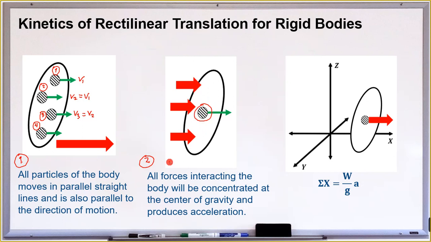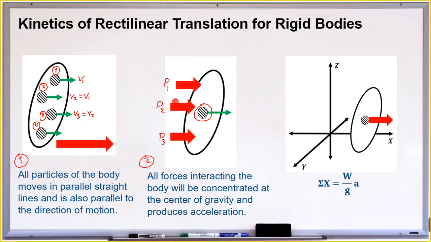The second rule states that all forces interacting on the body will be concentrated at the center of gravity. For example, in this picture, this object is influenced by three forces labeled P1, acting at the upper part, P2 somewhere in the middle, and P3 somewhere below.